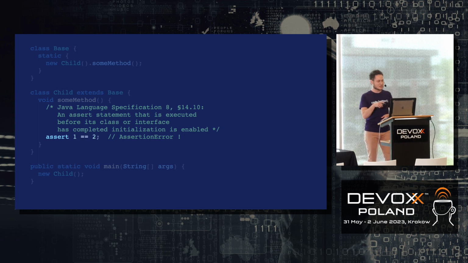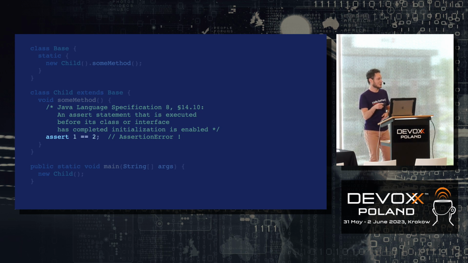And we call some method at a time when child is not yet initialized, because in order to initialize child, we first need to initialize base, which calls this method. That's it. We're gonna get an assertion error no matter what. Why did the Java language specification decide to do it like this? It makes no sense, right?